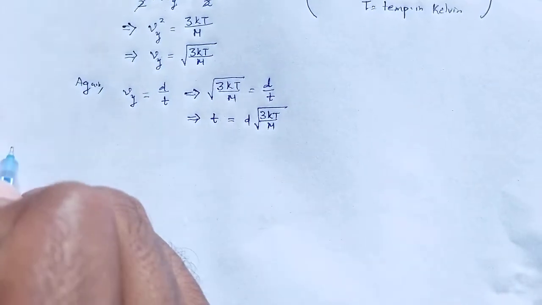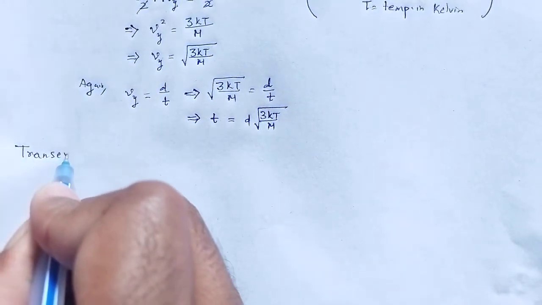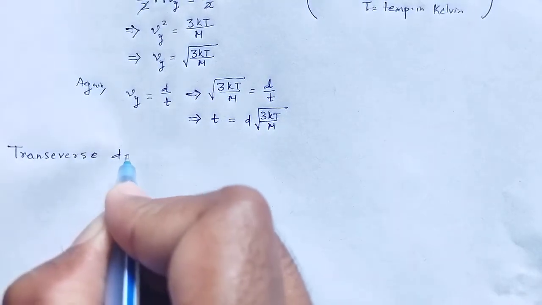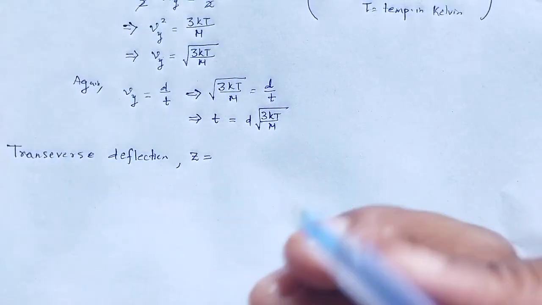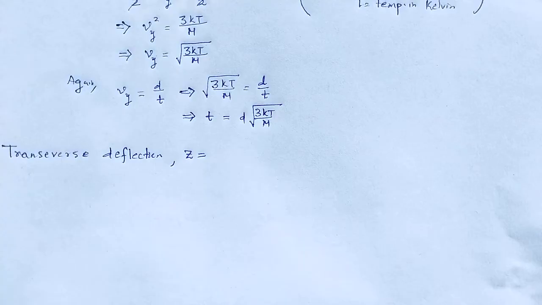The transverse deflection z is equal to, we use Newton's equation of motion, the distance travelled by a body is given as S equal to ut plus half at square. Here u is the initial velocity, but in the z component there will be no such term of initial velocity, the initial velocity is 0.